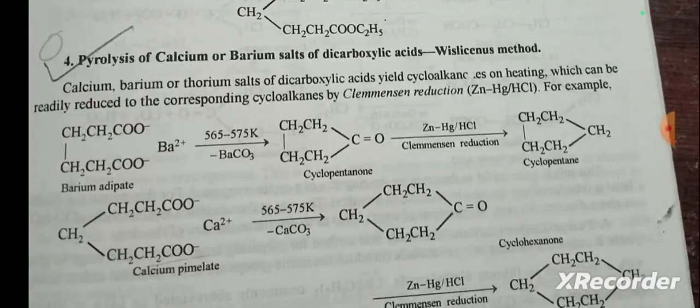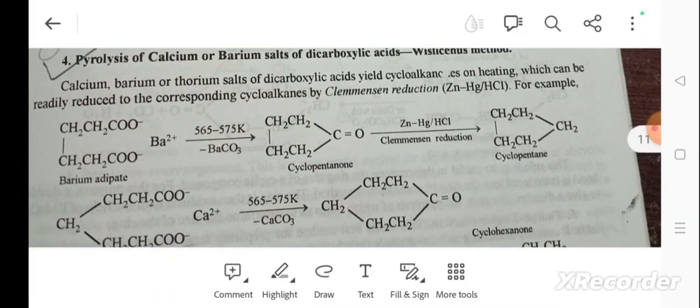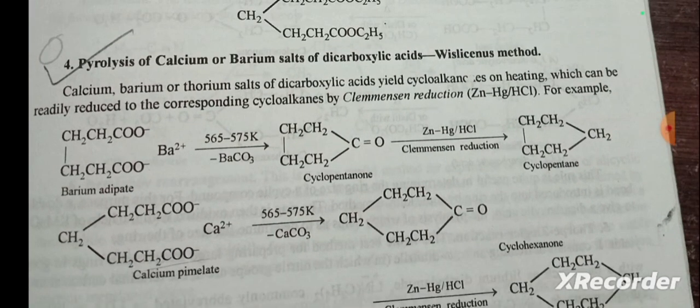Pyrolysis of the calcium or barium salt of the dicarboxylic acid by the Ruzicka method. The calcium or barium salt of the dicarboxylic acid yields cycloketones on heating, which can be readily reduced to the corresponding cycloalkane by chemical reduction.